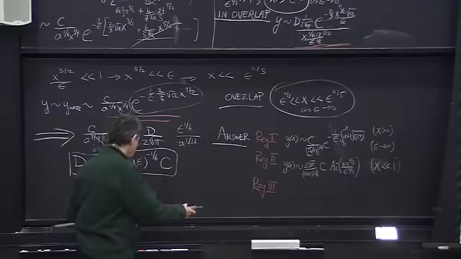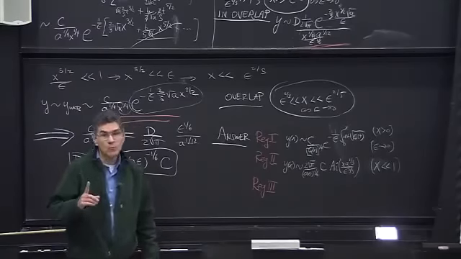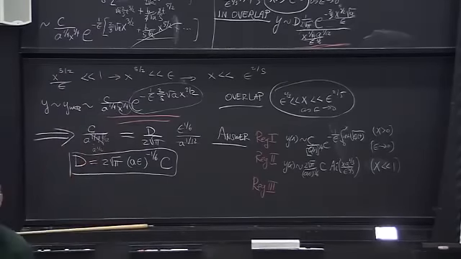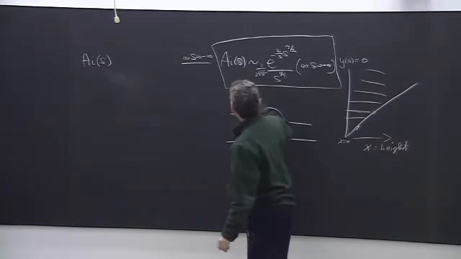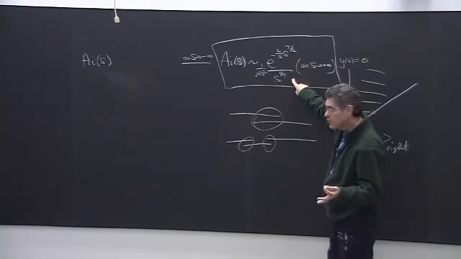Now, I'm not going to do the calculation for you because I don't want to bore you to tears, but there's only one more fact that you need to know. If you look up in a book, what does Ai of s look like as s goes to minus infinity? It doesn't look like this, because of the Stokes phenomenon.